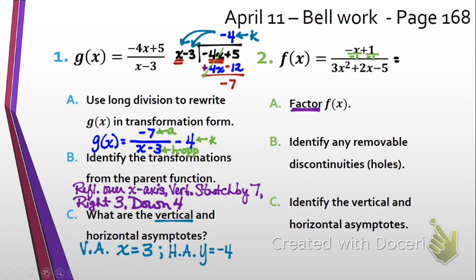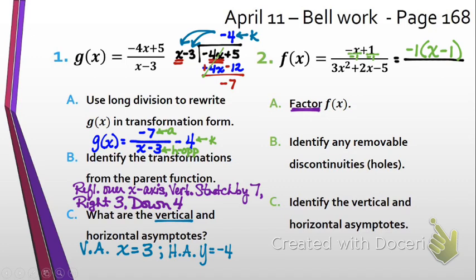So when I go to factor that numerator, I bring negative 1 out to the front. What would I have remaining after I take a negative 1 out of each piece? x minus 1, yes.